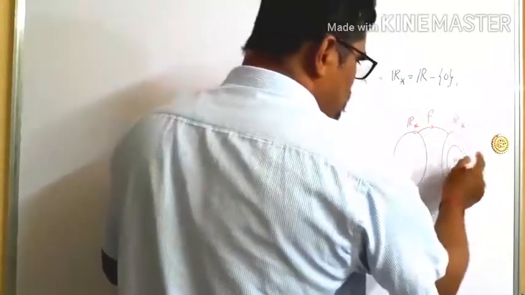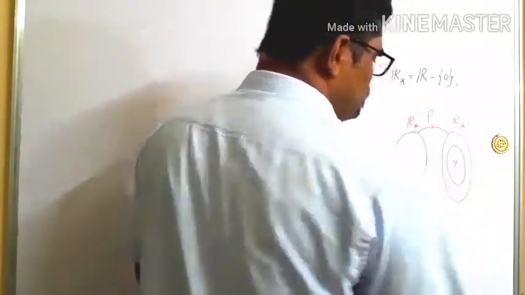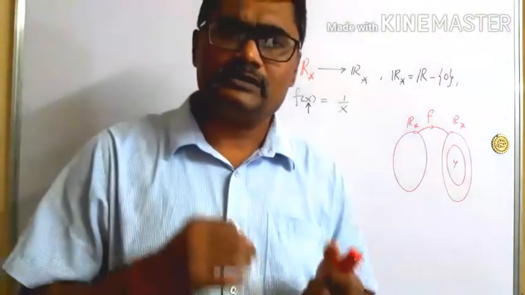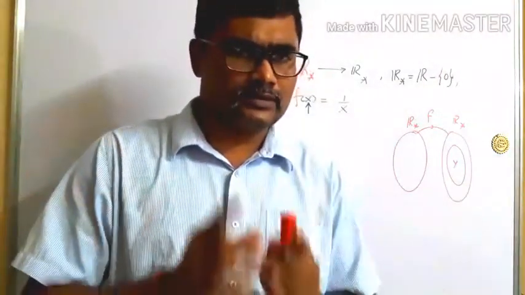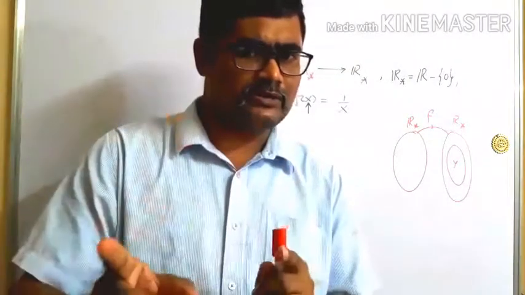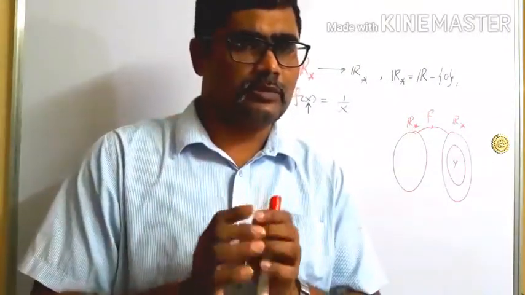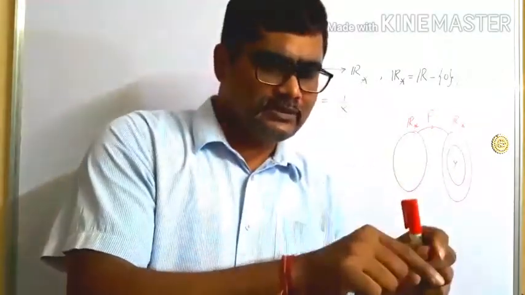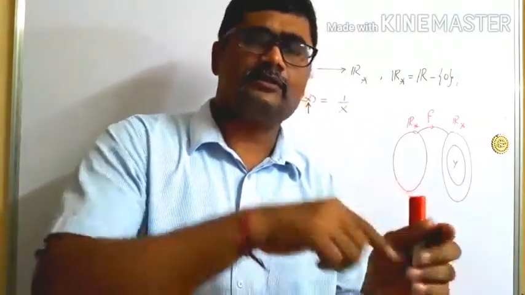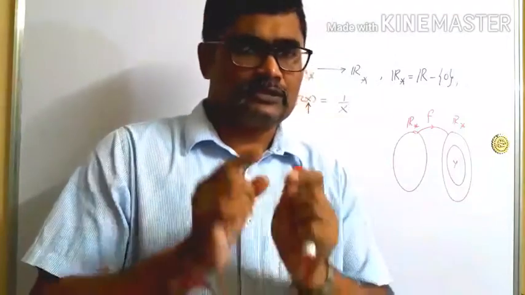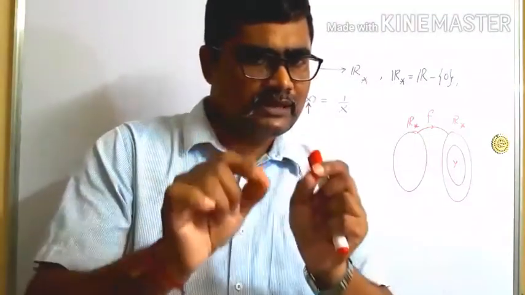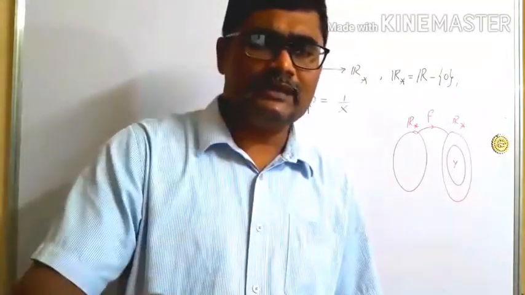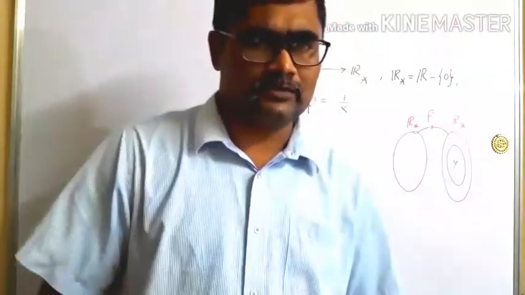I do not know presently whether some elements will be remaining outside or not. I don't have any idea at all. But I consider that this is the range. So let us pick one element from the range randomly. See, I'm picking it from the range, not from the codomain, because the codomain can contain some elements which are not in the range of the function. In that case, it will not have a pre-image. So I'm picking precisely elements from the range so that I can get some pre-images for them.